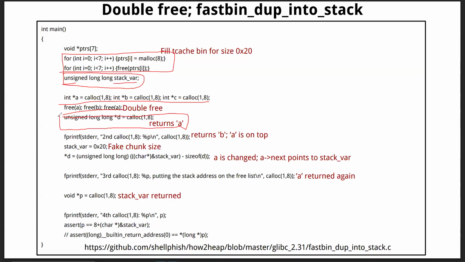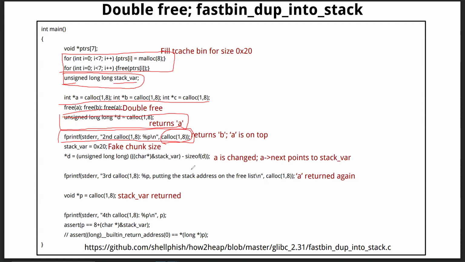Then we will calloc again. Pay attention to this printf, there is another calloc. This calloc will return B, so B will be moved out of this list. The head points to A again. A will point to some garbage because A is probably in use.